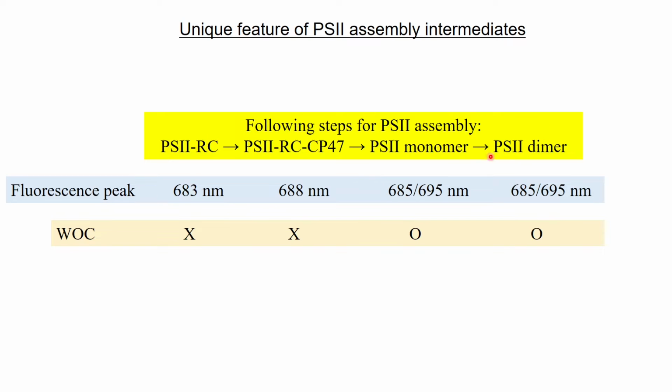These characteristic complexes show unique fluorescence peaks under liquid nitrogen conditions. PS2 RC shows a peak at around 683 nanometers, and PS2 RC-CP47 shows a peak at around 688 nanometers. PS2 monomer and dimer show two peaks at around 685 and 695 nanometers.